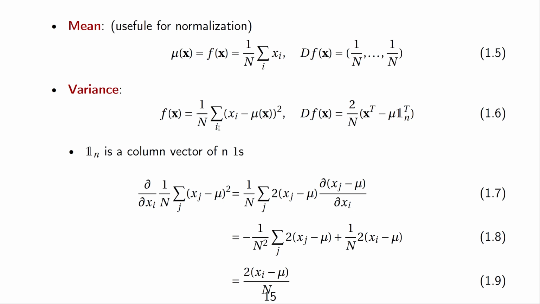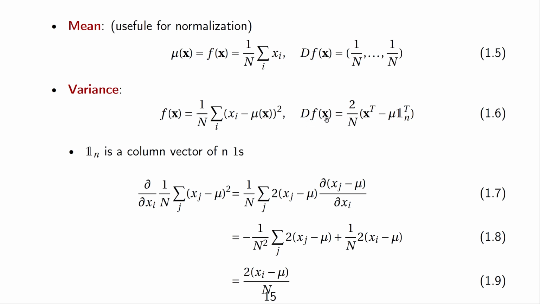x_i, so the sum over all the components in the vector, x_i minus the mean of x, and that is squared. So the difficulty here seems to be that mu, the mean, is also a function of x, and therefore this cannot be simply ignored when computing the derivative.